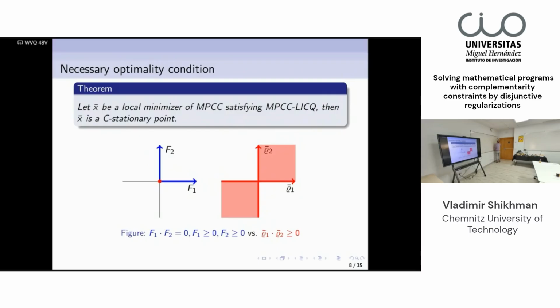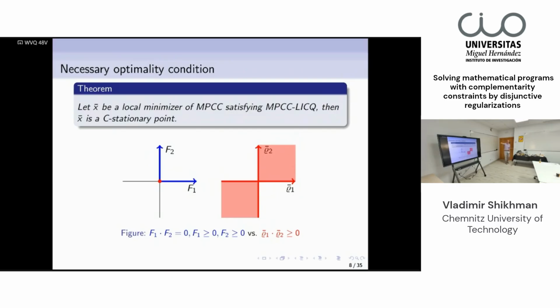The Mordukhovich normal cone gives you this set of Lagrange multipliers. This is the Mordukhovich normal cone to the feasible set, with a minus. So this is M-stationary. If you take the Clarke normal cone, you convexify, and you get everything.